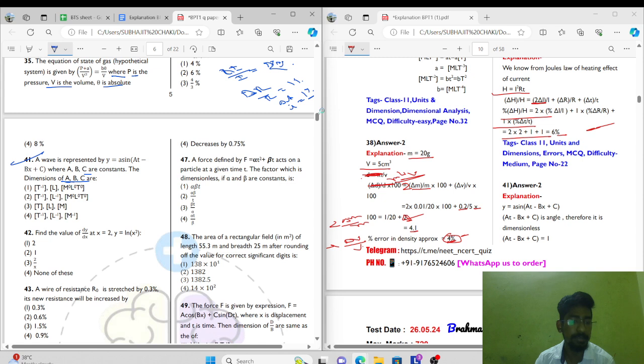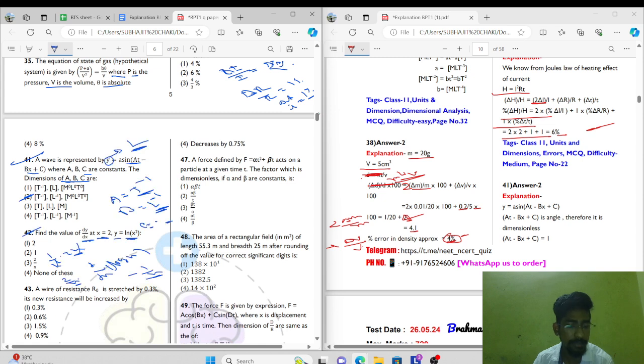So x cancels out, it will become 2 by x. The value of x is given as 2, so 2 by 2 becomes 1, right? Why is the chain rule there? Because there is no x, there is x square, and the operator is d by dx, not d by dx square. Here we have to keep in mind that d by dx will operate on x square, so it will change from x square to 2x, right?